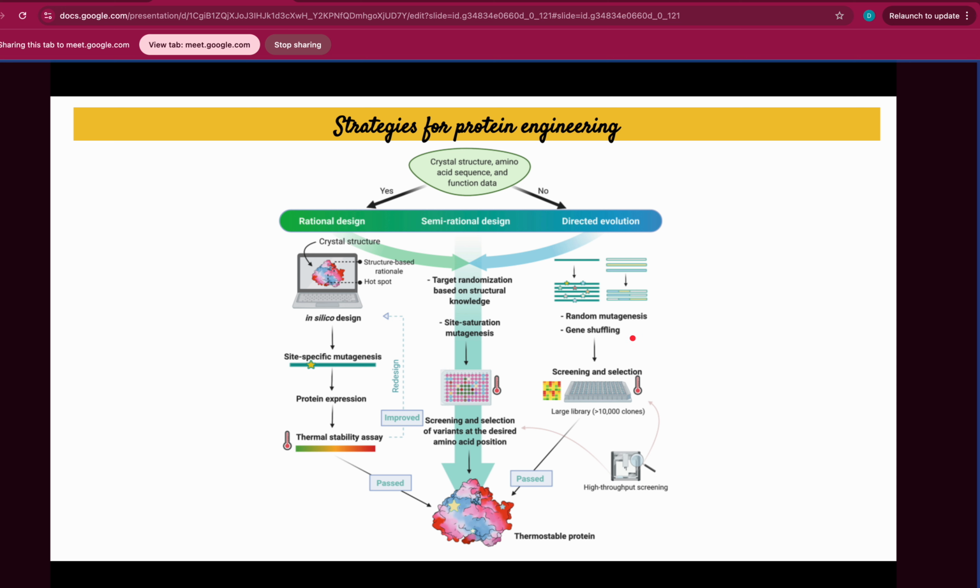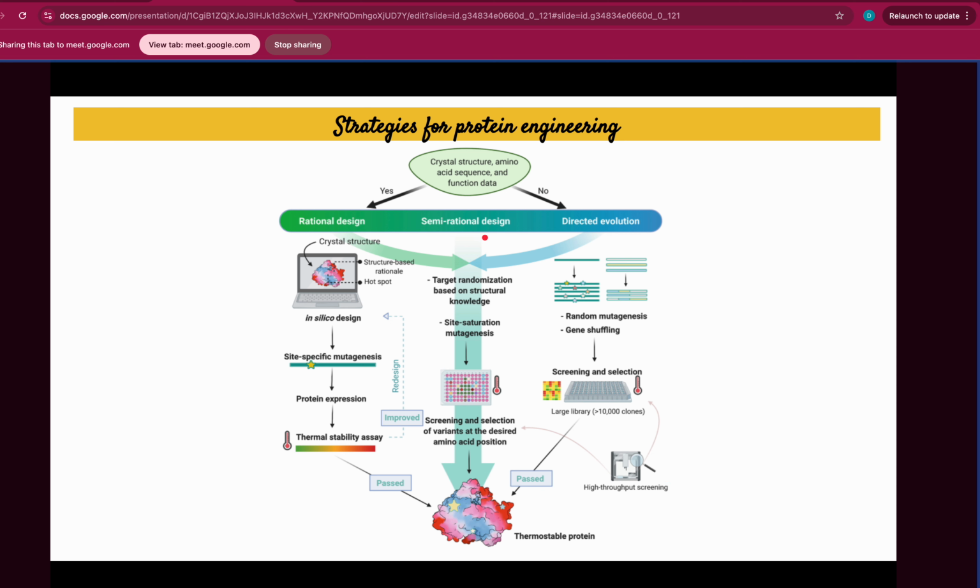So by making certain changes without any pre-existing data in our hand, we make those changes randomly at different sites, or combine different genes to make a new protein. So we screen and select from a large library, and if it passes the criteria, then it will give us a thermostable protein. If it does not pass, then we restart the process. We perform high throughput screening, and then we verify it.